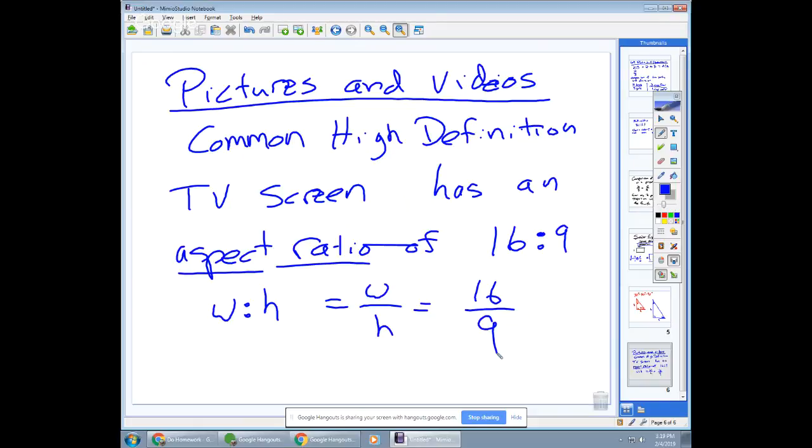If you think about it, most TV screens are wider than they are tall, right? An interesting thing is that even though images created for TV have to fit a certain aspect ratio, TVs come in all different sizes. Usually when you look at the size of a TV, they give the diagonal length.